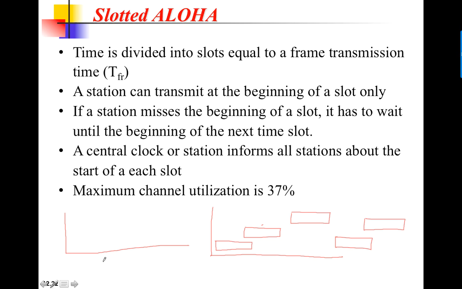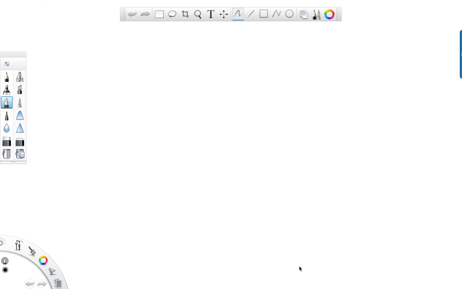In slotted aloha, a frame does not start anywhere like that. Now in slotted aloha, if we look at the drawing here, in pure aloha you're sending the frame anytime, you could start anywhere.